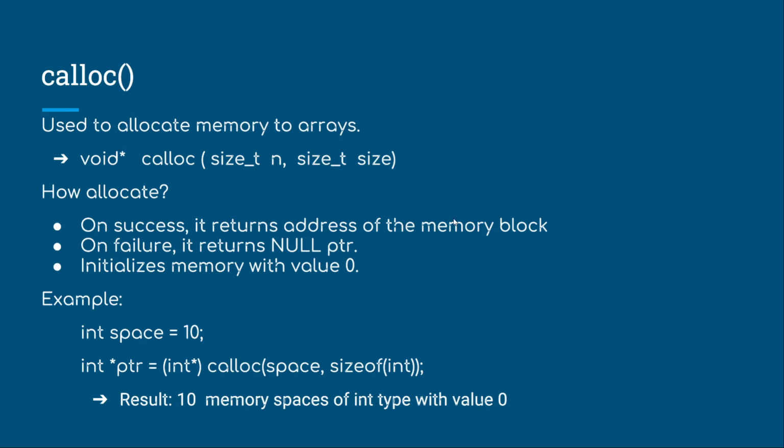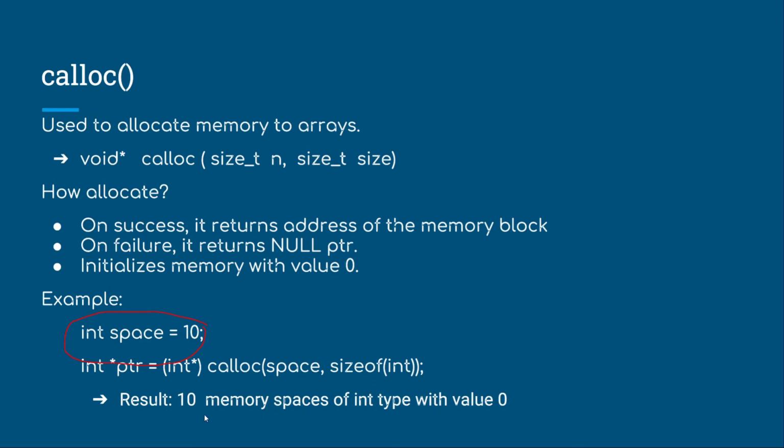Fine. So this is an example of how we declare calloc or the memory space. Let's say I have declared the space as 10, that is 10 chunks, so 10 spaces of memory blocks will be assigned, and then int asterisk ptr, that means an int type of pointer we will be allocating, and this is also typecasted because calloc is a void pointer, and then space, that means how much space we will need, and then size of int, that means how much size a particular element will need to acquire.